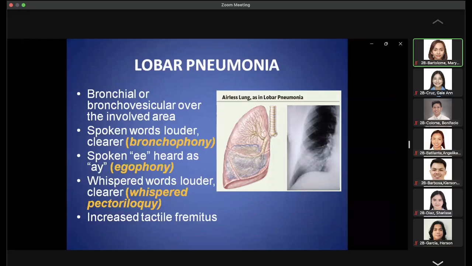On egophony, the spoken E is heard as A. And on whispered words, louder and clearer on whispered pectoriloquy. And upon eliciting tactile fremitus, there is an increased tactile fremitus. So here are your findings in an airless lung, as in the case of a lobar pneumonia or lobar consolidation.